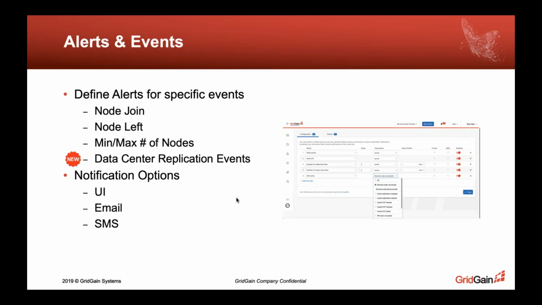We've added more events to track the replication events. So when a cache has started sending its data over to its receivers, when replication started, when it has stopped, when it has paused and resumed, we can set alerts around those.